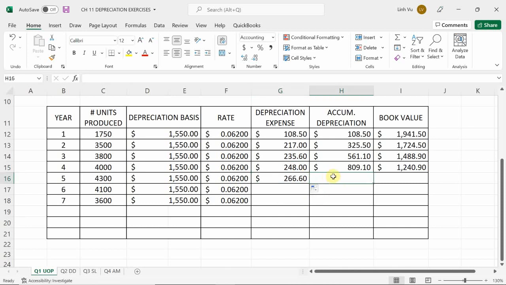Okay. Now, previous year we have 809.10 add 266.60. I got 1075.7.